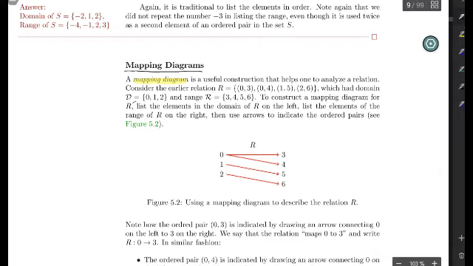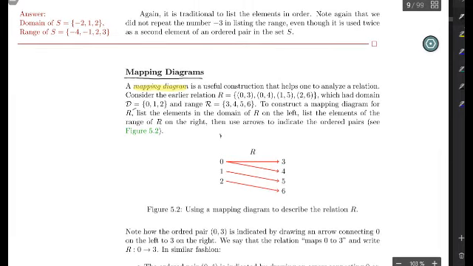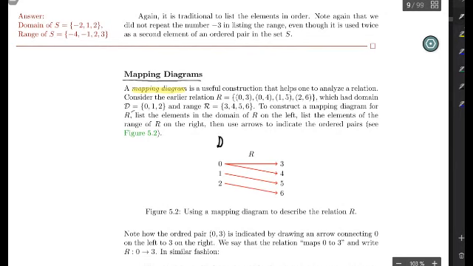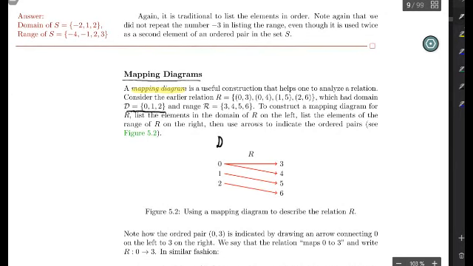domain vertically here on the left. And then from your range, vertically here on the right.